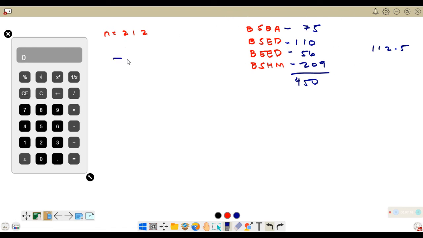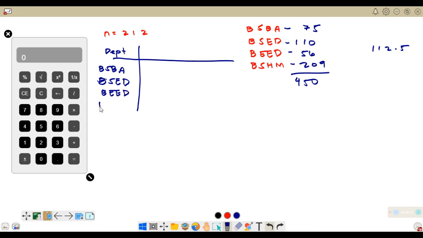So, you are going to make use of a table. So, this is the label for each of the department. So, list down natin. We have BSBA. Next, we have BSED, followed by BEEd, and followed by BSHM.